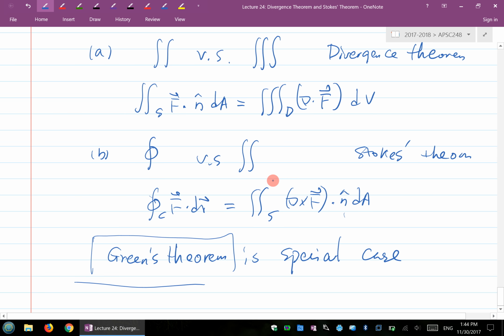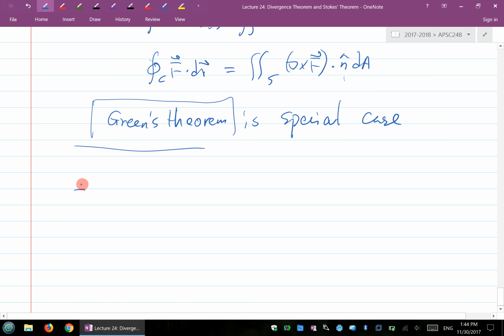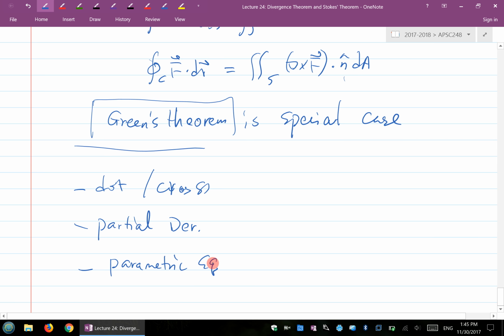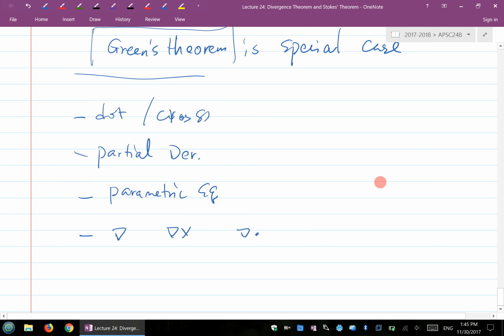But at the bottom of the food chain, you have what? You have so many things. You have a dot, you have a cross, and you have a partial derivative, and you have a parametric equation. And then you have the gradient, the curl, the divergence. Those are all pretty much at the bottom of the food chain.